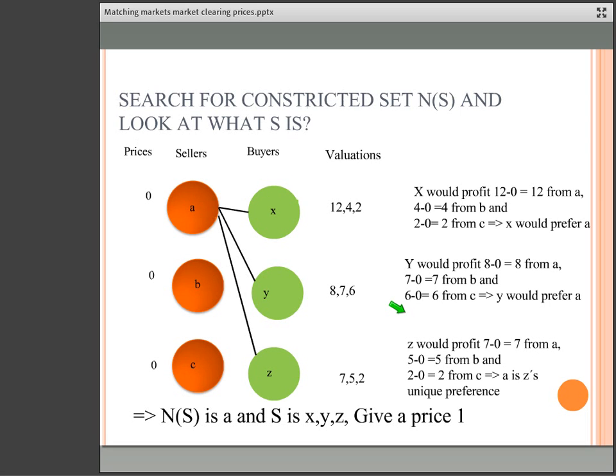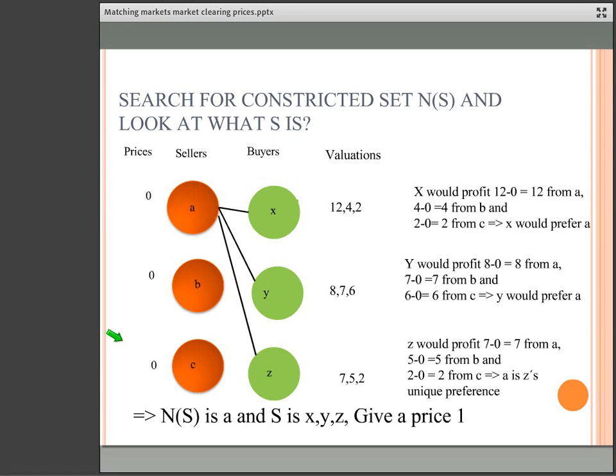So we end up with a situation that each buyer would prefer to buy A, and this is known as a constricted set.